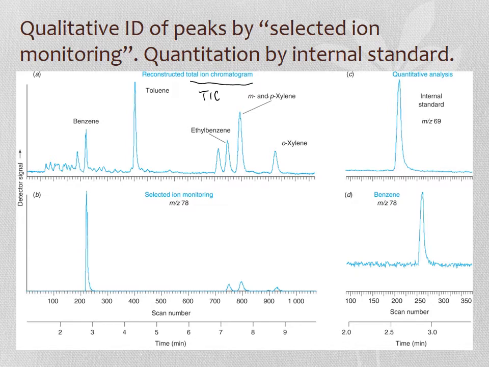But if you choose to pick, say, the peak at 78, that is going to be very particular to benzene and to things that have benzene cores, like ethylbenzene and xylene. And so it's really helpful for you to be able to select a particular ion, and you can also use the mass spectrum to identify your samples and to confirm what you think the peak is.